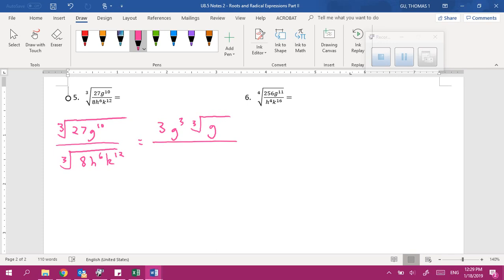What is the cube root of 8? 2. And then what's going to happen with the h to the 6th? H squared. That's right. And then the k to the 12th? K to the 4th. That's right, because the 6 and the 12 are divisible by 3, right? That goes evenly. And so that's your answer right there. You don't have to worry about absolute value bars because the index is odd. It's a 3.